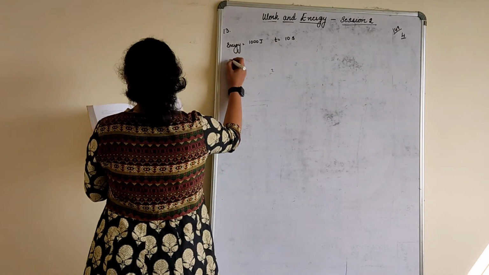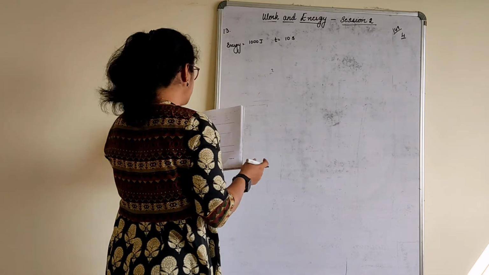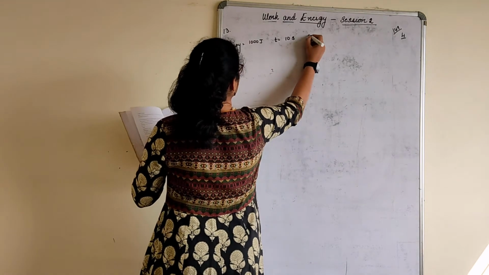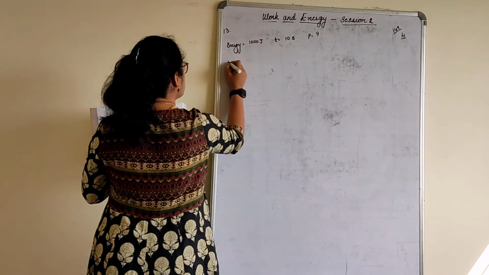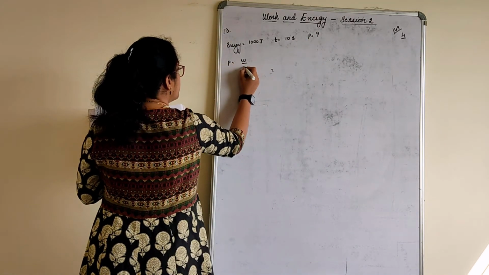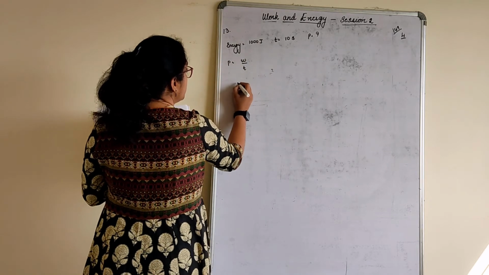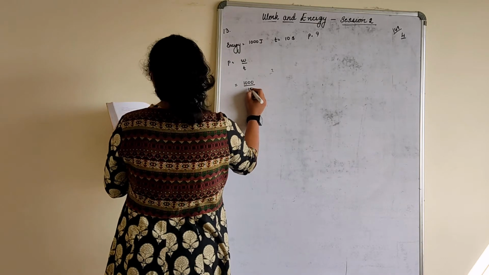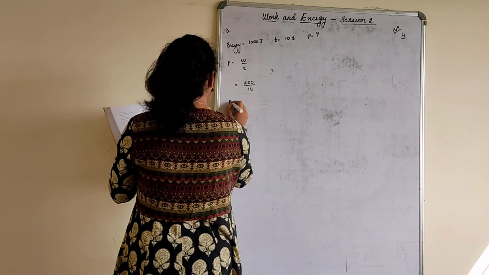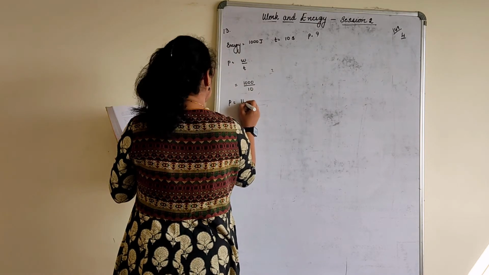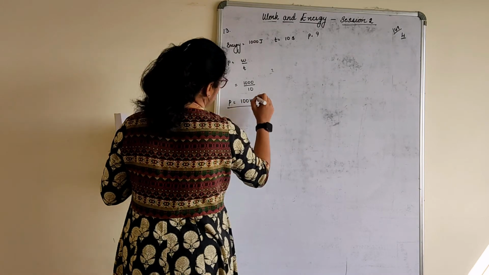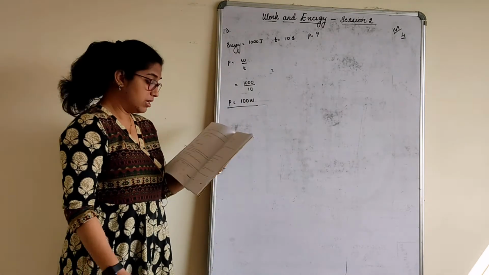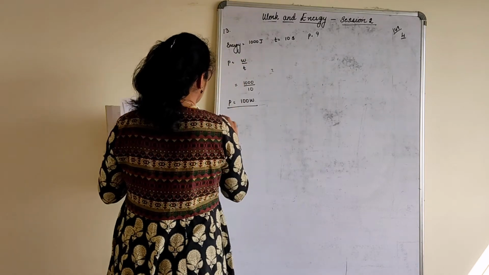We know that power is equal to work done upon time. So work done is nothing but 1000, where time is 10. You can keep it as it is. Power is equal to 100 watt.